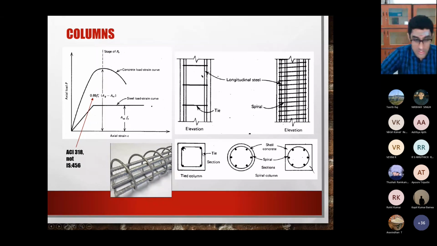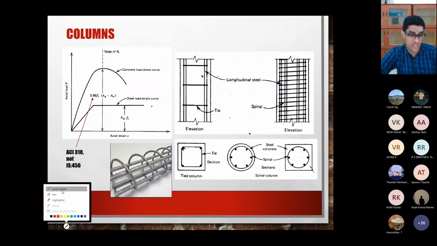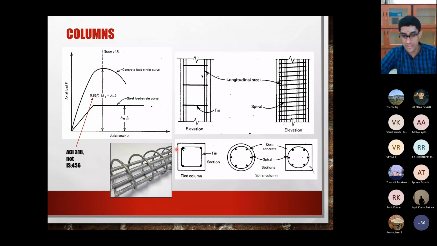Okay, so here in a column, the reason for giving a tie is not the same reason as for giving it for shear, though the tie can serve a double purpose of taking shear also, if there is shear force in the column. So the purpose of the tie is basically, okay, anyway, let me not tell the answer. What do you think is the purpose of this tie?